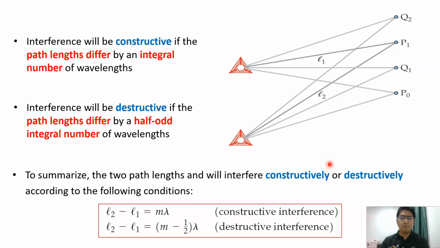To summarize, the two path lengths will interfere constructively or destructively according to the following condition: L2 minus L1 equals m lambda for constructive interference, and L2 minus L1 equals (m minus half) times lambda for destructive interference to occur. I will explain this in the video later.